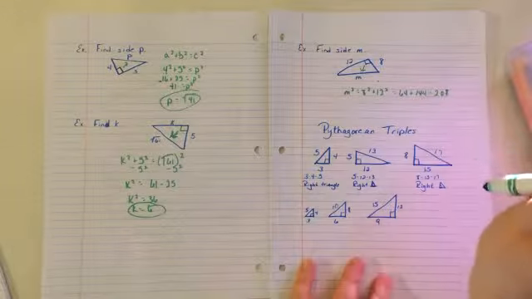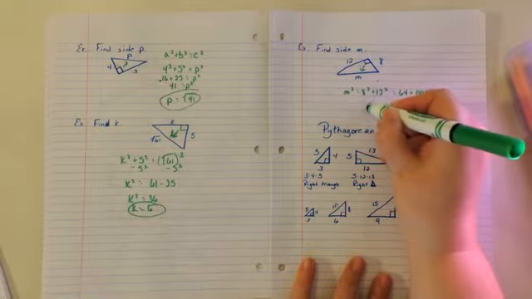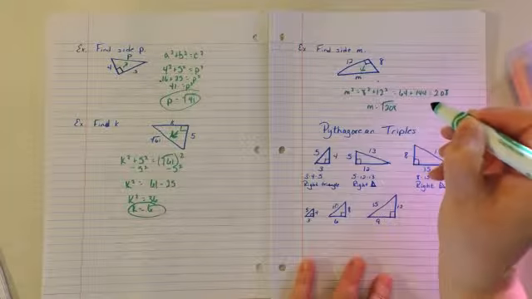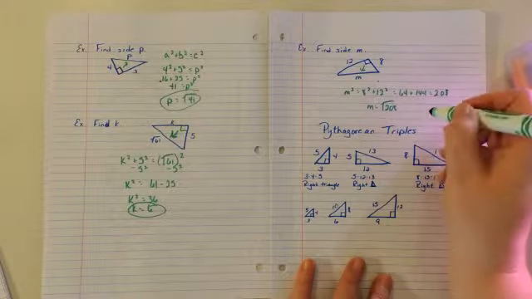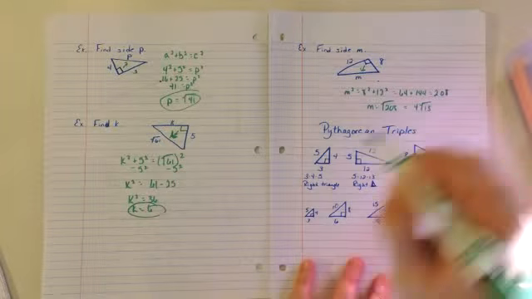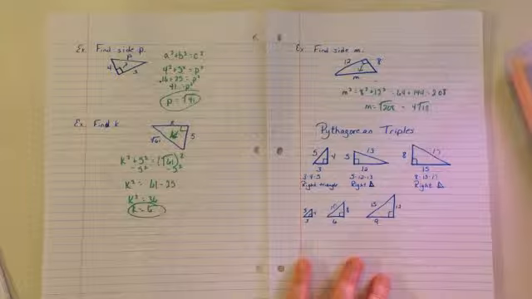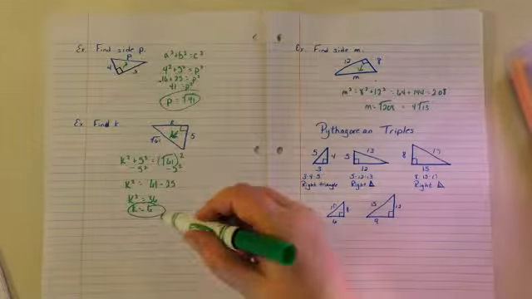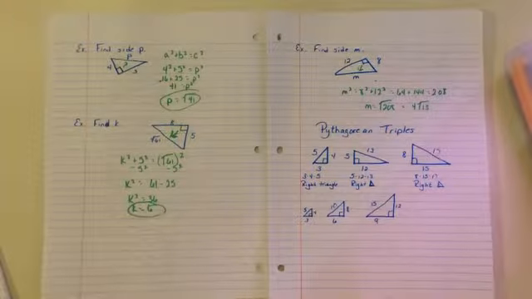Okay, so M squared equals 208. So M is going to equal the square root of 208. And if we find all of the roots of 208, this is going to equal 4 times the square root of 13. It's ugly, but it's correct. They're not always going to come out with pretty answers.